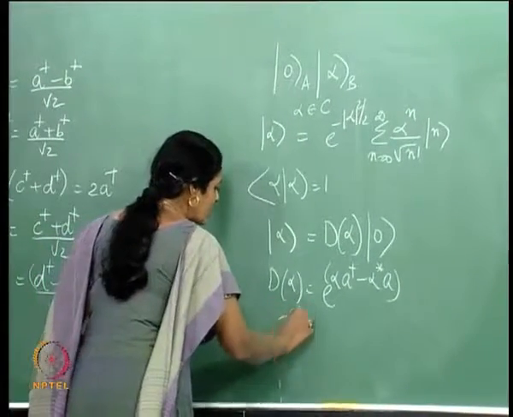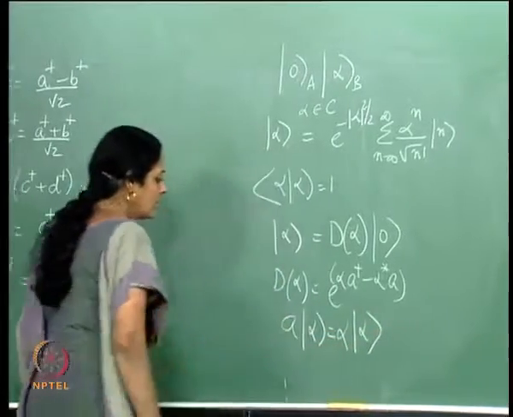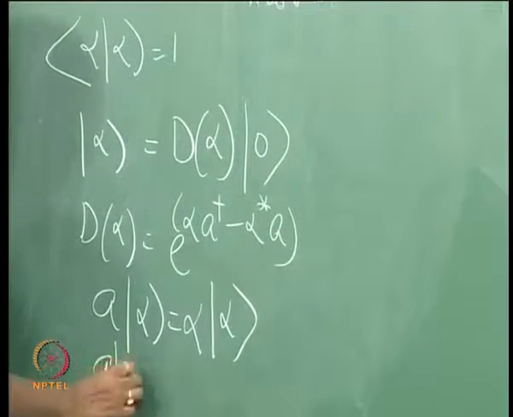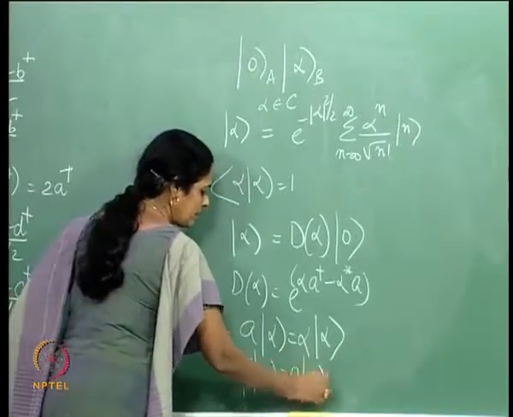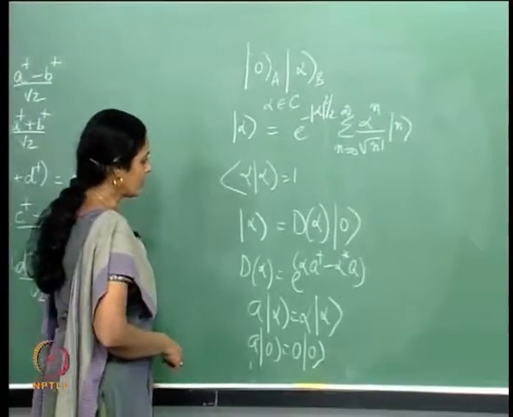Further, |α⟩ is an eigenstate of the annihilation operator a with eigenvalue α. Recall that the 0 photon state is also an eigenstate of a, but with an eigenvalue 0. That is a non-trivial state, eigenstate of a.